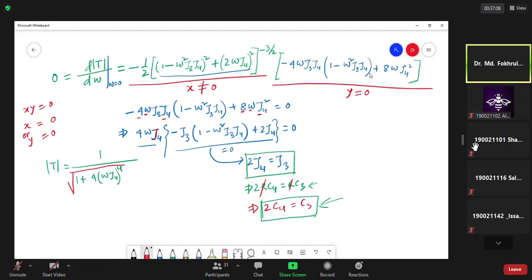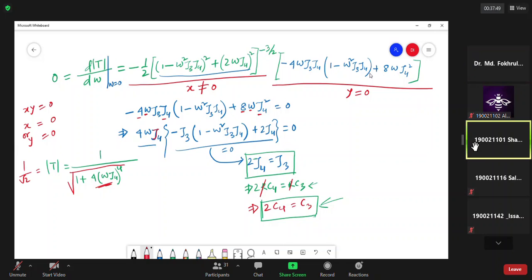And also, if we want to find the 3 dB or cutoff frequency, what condition do we need? At the 3 dB frequency, we know the magnitude is 1 by root 2. So if we put this condition, 1 over root 2, then in order to make this term what? We need to make it 1. Is it or not?